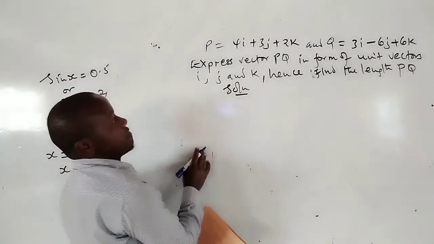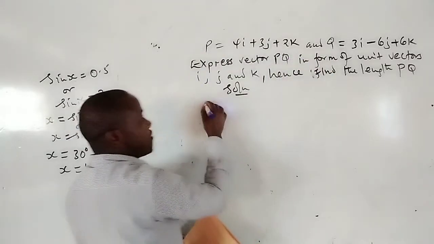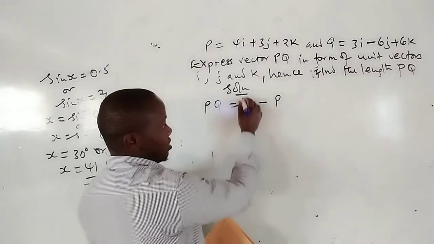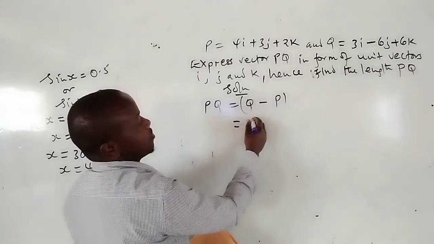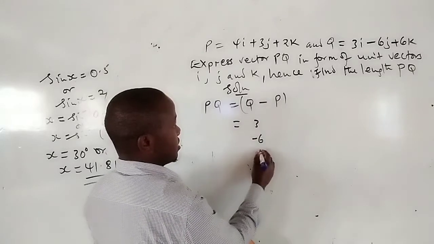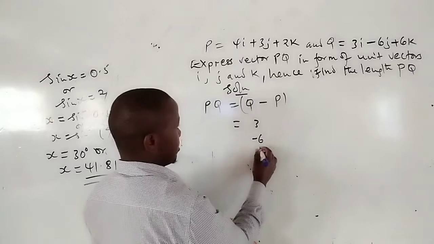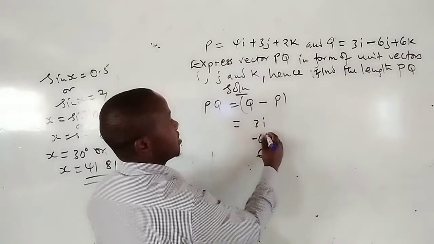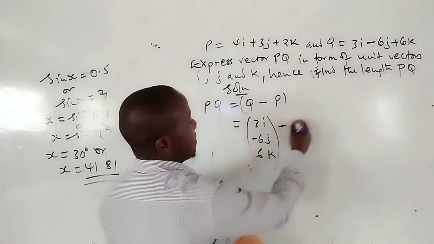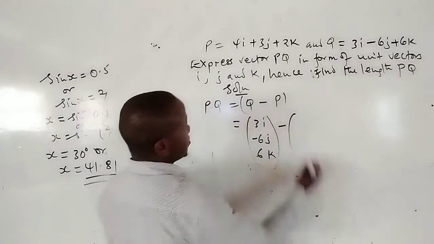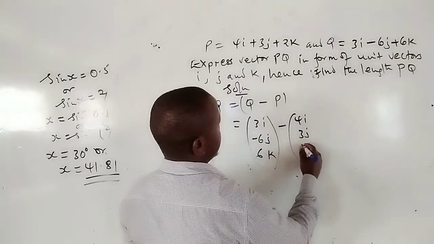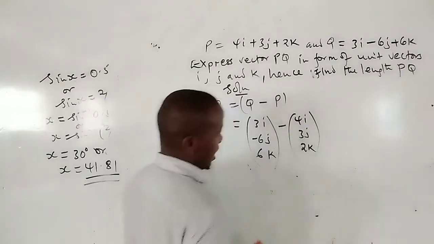So with vectors P and Q, to find PQ, we take Q minus P. That is what happens. Therefore, this will be 3, negative 6, then 6, the unit vectors, minus 4i, 3j, 2k, like that.